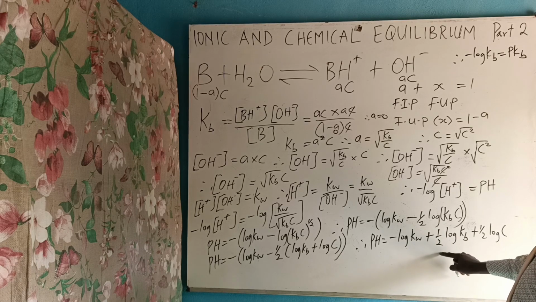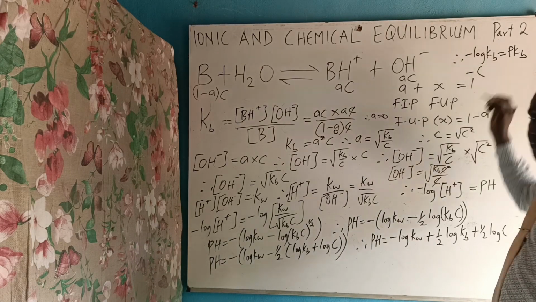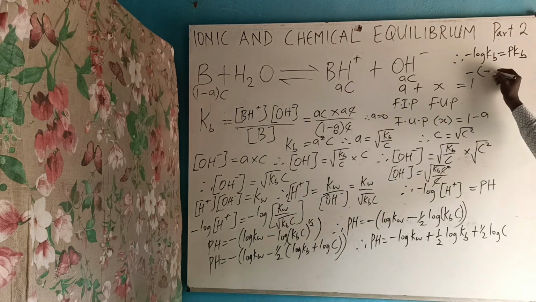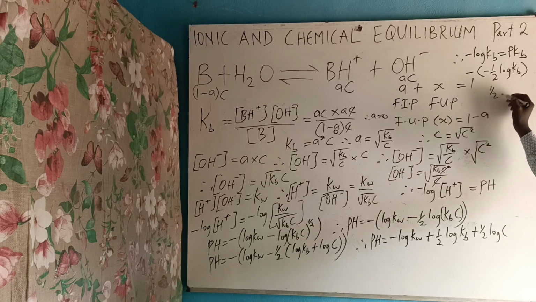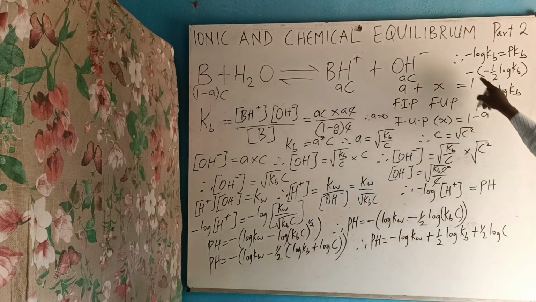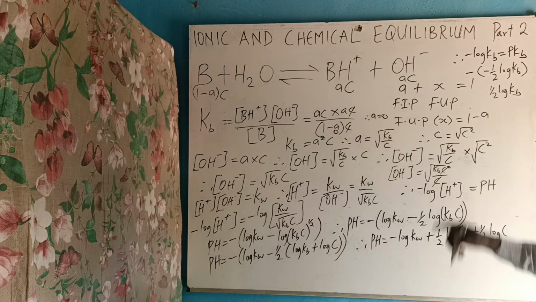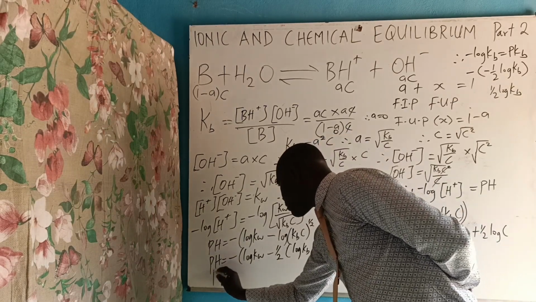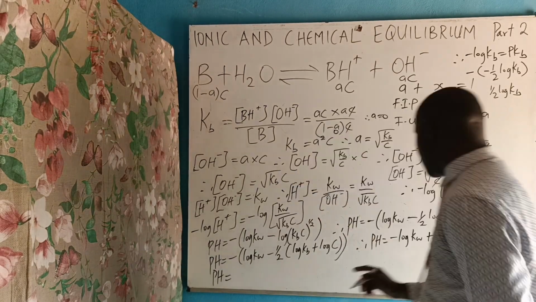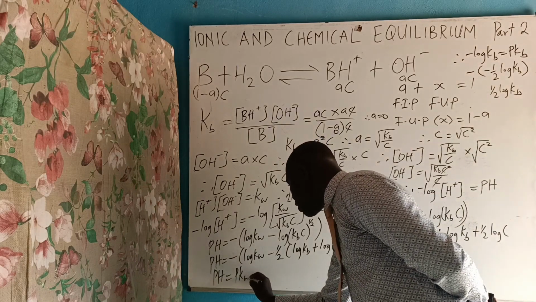Do you know that minus bracket minus 1 over 2 log Kb is the same thing as 1 over 2 log Kb? So minus this will give you this, right? So what we now do here is we say pH is equal to minus log Kw, which is called pKw.